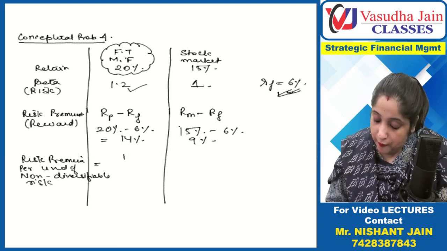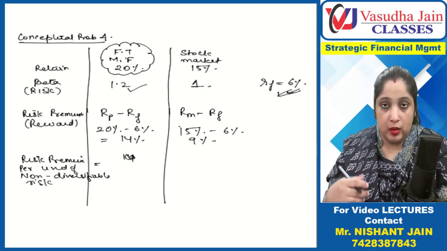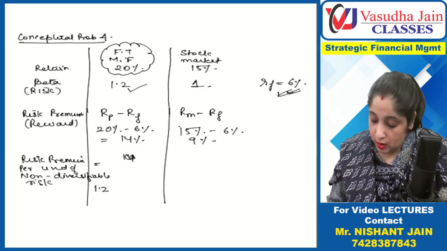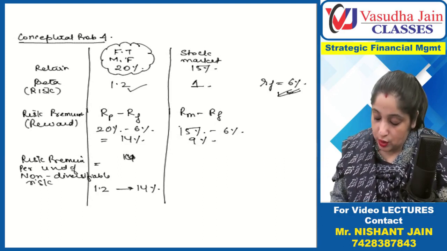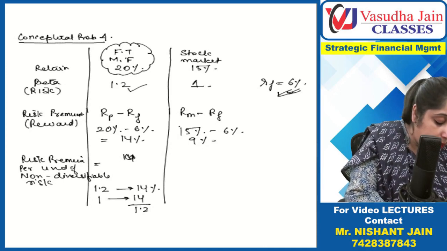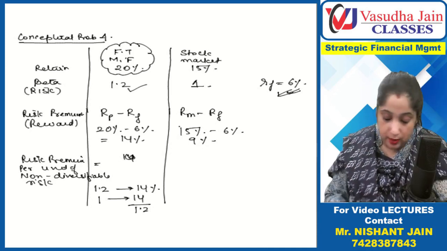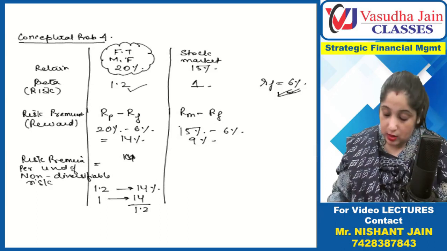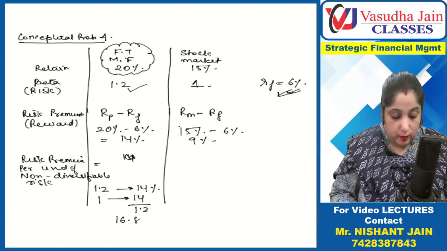You can understand it like this also: for bearing 1.2 risk, you get an excess return of 14%. So for bearing 1 risk, how much return are you getting? 14 divided by 1.2. So this is coming out to be, 14 divided by 1.2, 16.8. I hope I have not made any mistake.